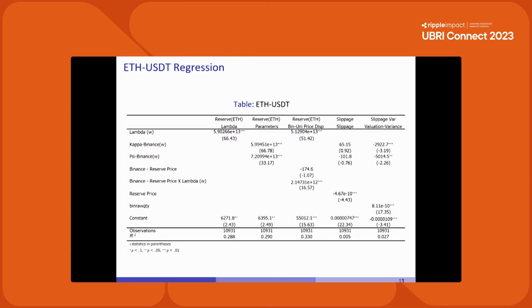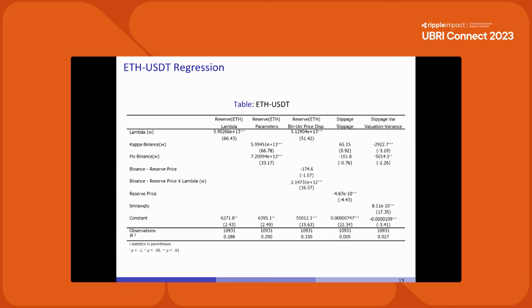We have broken this down into kappa and C. And then this third specification here is the interaction terms of Binance minus reserves times lambda, telling you which effect is prominent. So in this case of ETH, as you can see, Binance minus reserve price is negative, although it's not significant. But the lambda, which is the transaction cost on Binance, is driving provision of reserves on Uniswap.